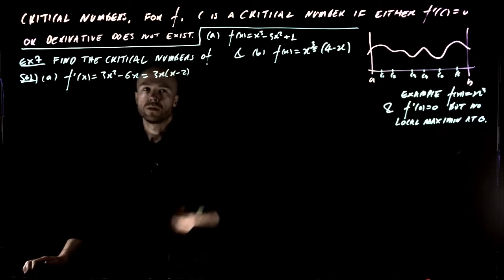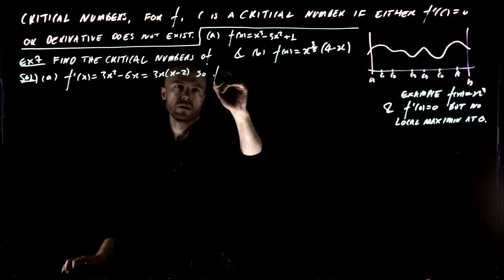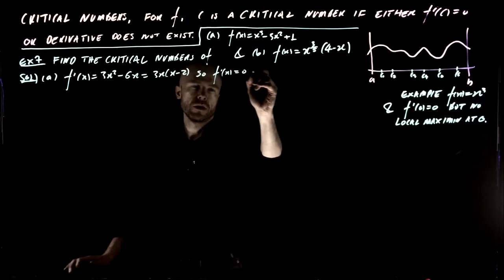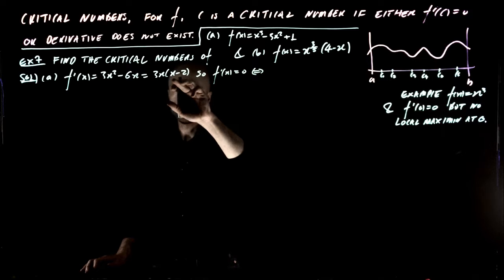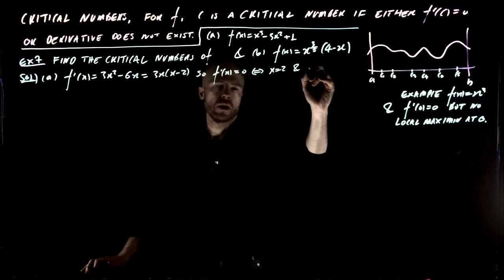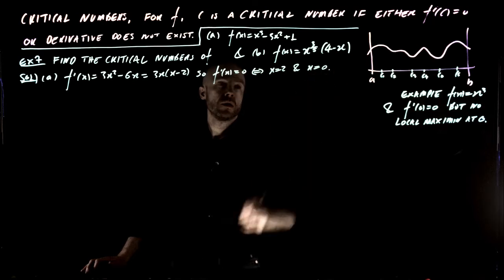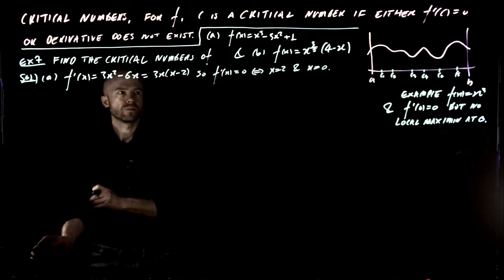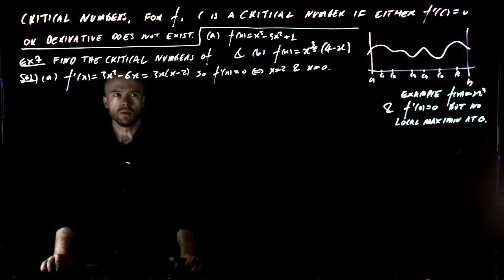Okay, so the derivative is 0 only when x equals 2 and when x equals 0. And that's it. All right, cool.